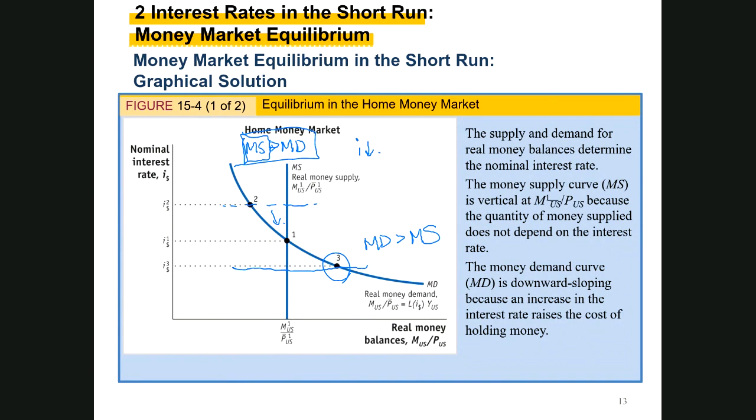At that time, the banks will try to raise their interest rate to attract more people to deposit into their vault, so the interest rate goes up. So you can see the only equilibrium point here is where monetary demand is equal to monetary supply. Is this clear?